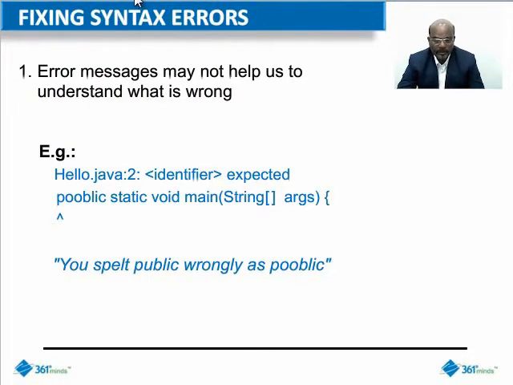As you can see in the slide, this public static void main, which is given in the example, the compiler will throw an error and just give you a marker where you've spelled wrongly. In other words, it will not tell you, as in the statement that you see below, that you spelled public wrongly.